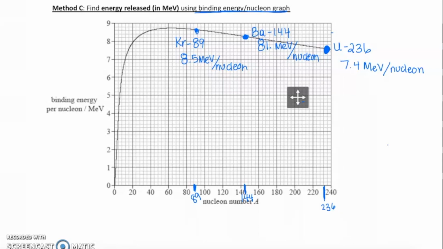I've done the same thing for barium-144, estimating 8.1 mega electron volts per nucleon, and krypton-89, 8.5 mega electron volts per nucleon. So you can already see, although this method is going to be a little bit faster, a drawback is that we are estimating.